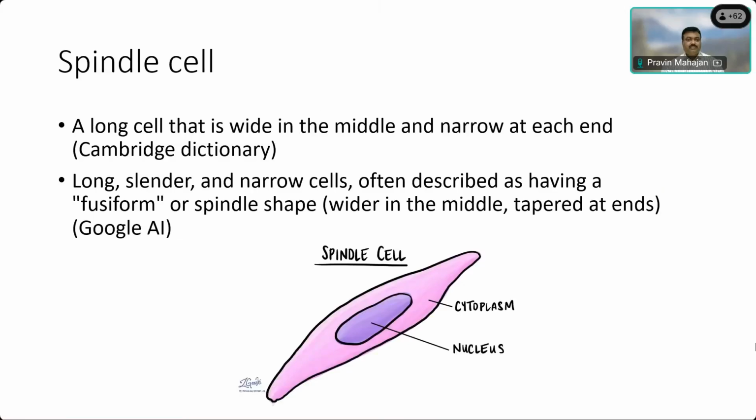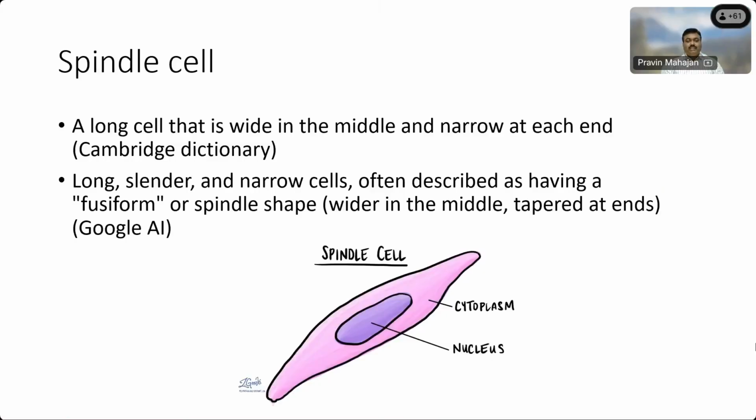Okay. So just out of curiosity, if you put it in Google, define spindle cell, you get very interesting results. Cambridge Dictionary defines it as a long cell that is wide in the middle and narrow at each end.